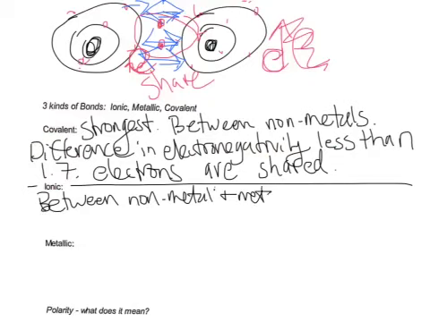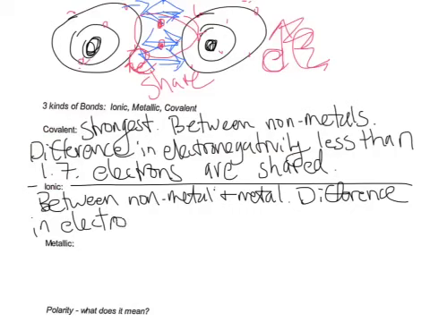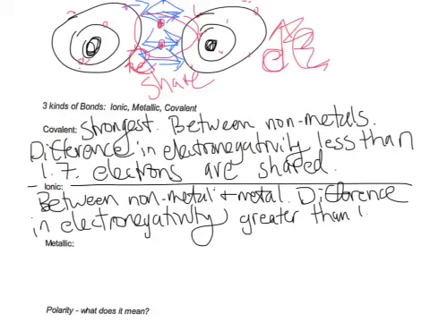The difference in electronegativity is greater than 1.7. You may run into a situation where you do one electronegativity minus the other and it's exactly 1.7, and it could be ionic or covalent.